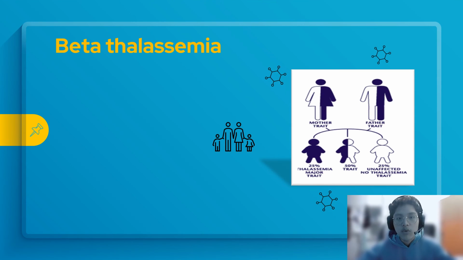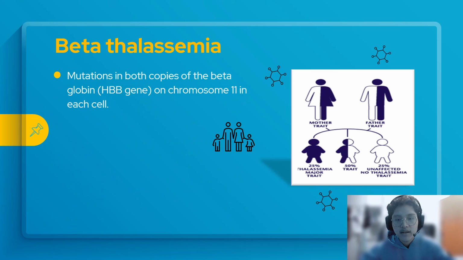Next, we will talk about beta thalassemia. Most persons with beta thalassemia have mutations in both copies of the beta globin HBB gene on chromosome 11 in each cell. The parents of an affected person are known as carriers, since they each have one mutant copy of the gene. Although some carriers of beta thalassemia develop moderate anemia, most carriers do not display any signs or symptoms of the disease.